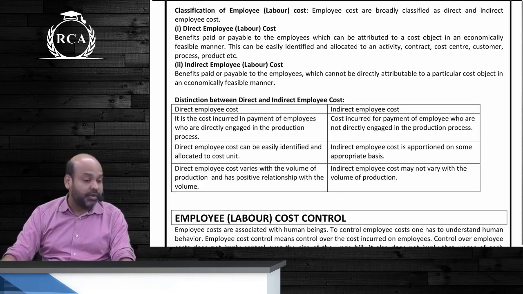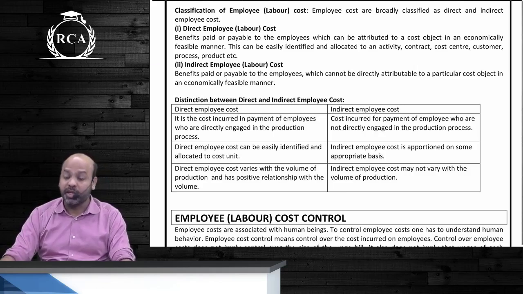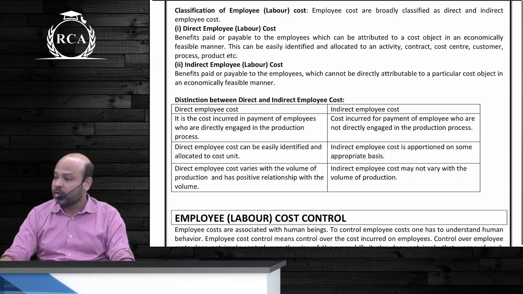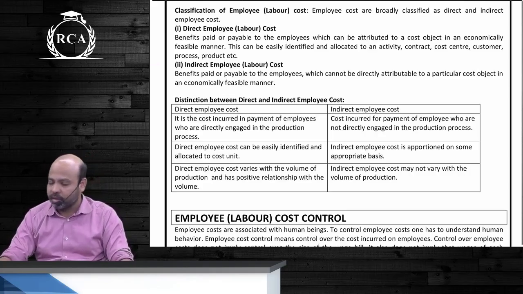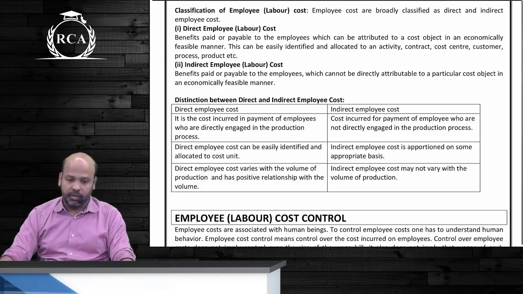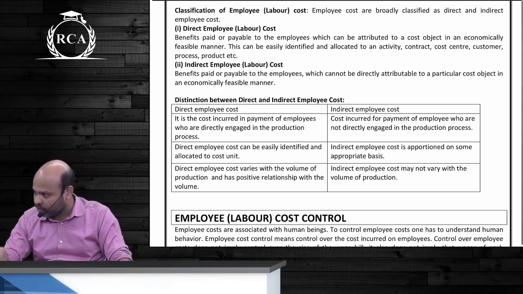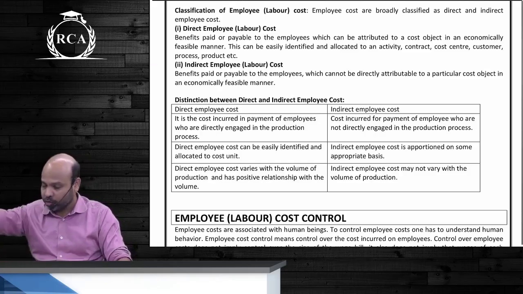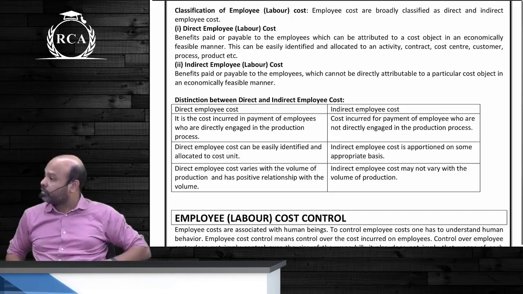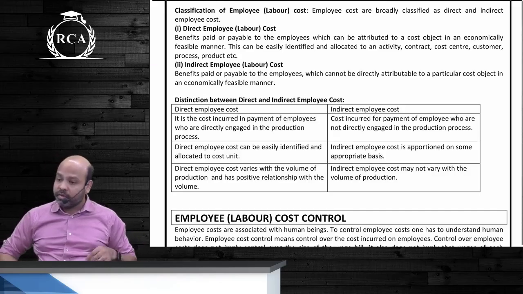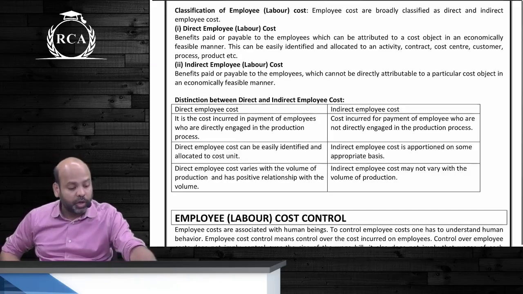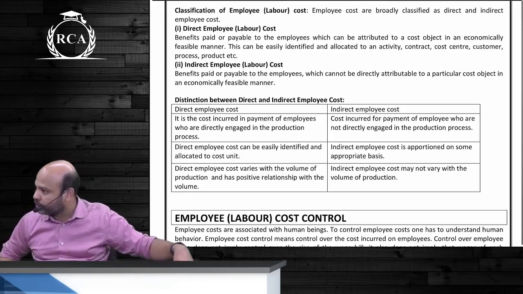In case of a manufacturing concern, I said material is usually a significant component of the overall cost. Depending on the industry, the material cost component can significantly vary, but usually it is way above 50%. Likewise, for service industries, employee cost is a significant component.